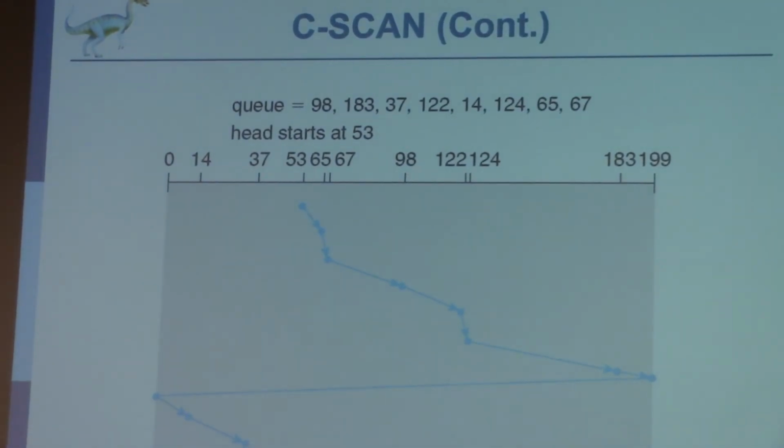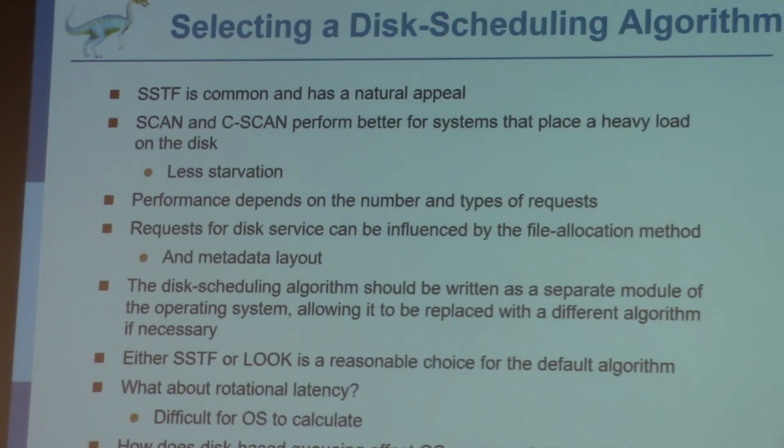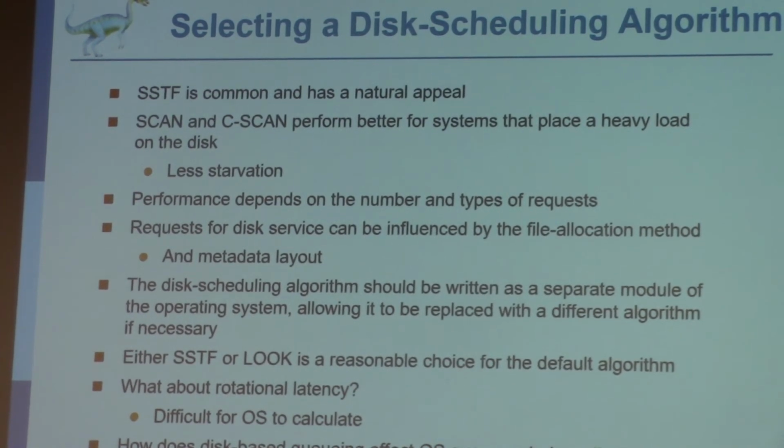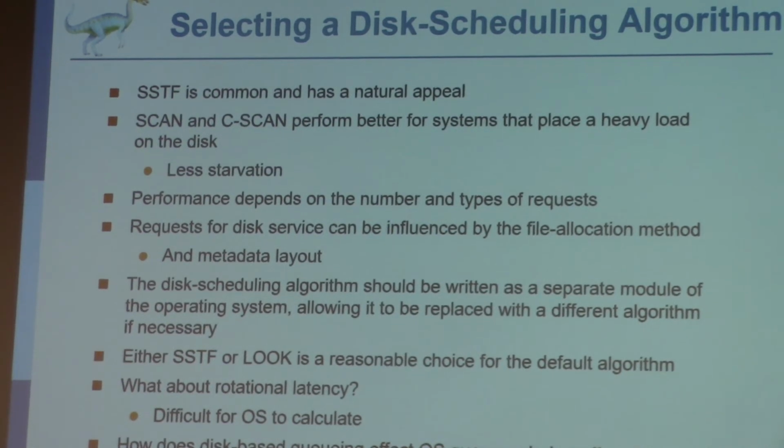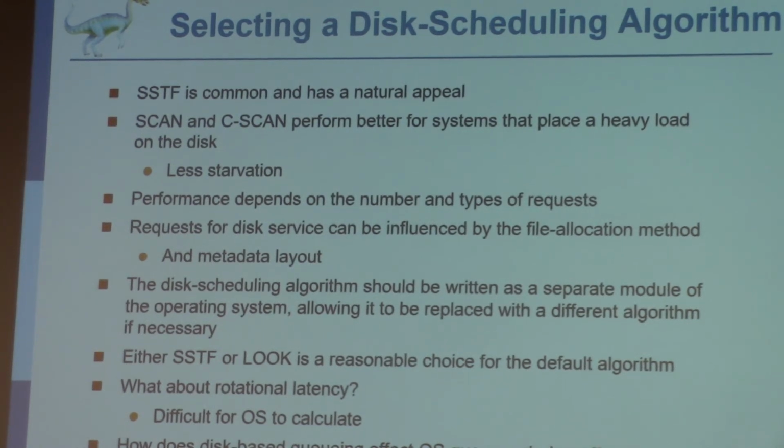Which one is the fastest among the disk algorithms? The fastest one is actually shortest seek time first, because it tries to minimize seek time. The problem of shortest seek time is starvation. To address that starvation, most operating systems use a hybrid combination. The basic algorithm is shortest seek time first, but we can address starvation by elevating the priority.